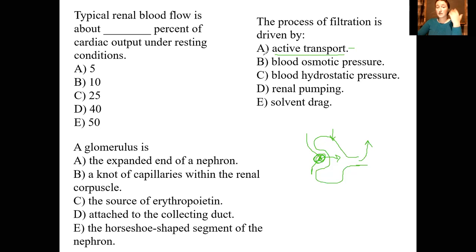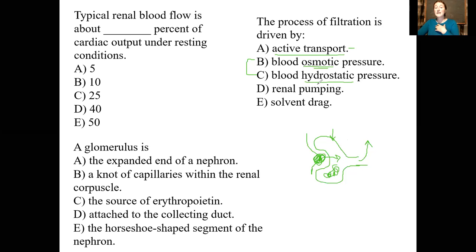So something to do with the blood, is it blood osmotic pressure or is it blood hydrostatic pressure? We are going to be talking a lot more about this next week, but we know enough to answer this question at this point. Remember that osmotic pressure is essentially the pull of water and filtrate here by solutes, right? So that would essentially be saying that there's lots more solutes in here than there is in the blood, okay?